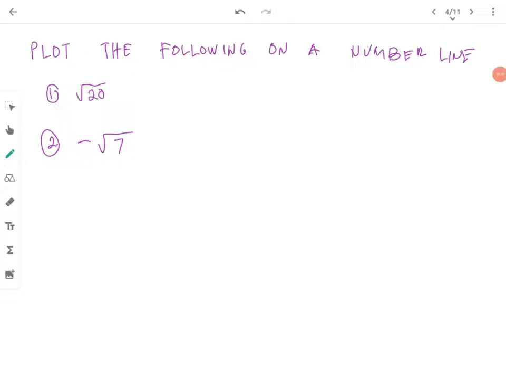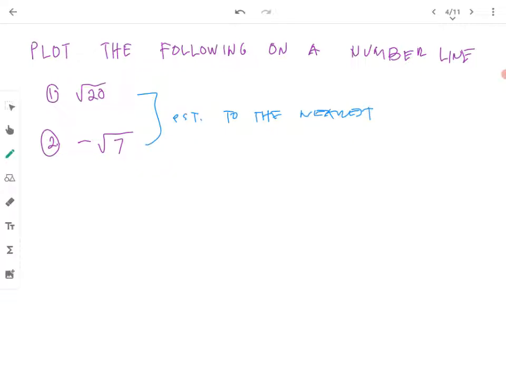So how about if we're going to plot those on the number line? Since these are irrational numbers, square root of 20 is an irrational number, it's really hard for us to plot it on a number line, except if we estimate this to the nearest tenths first.